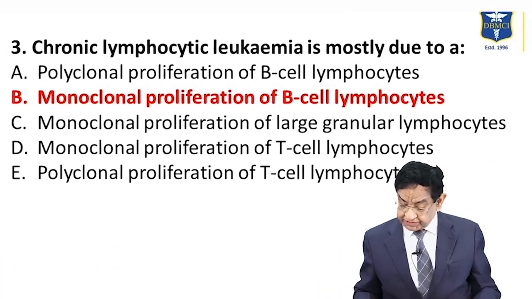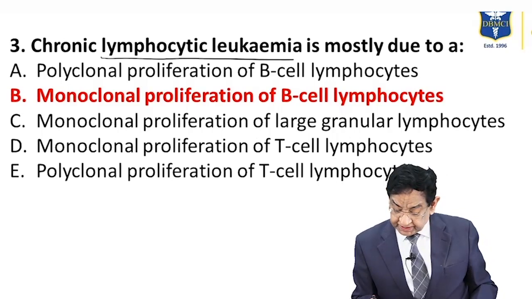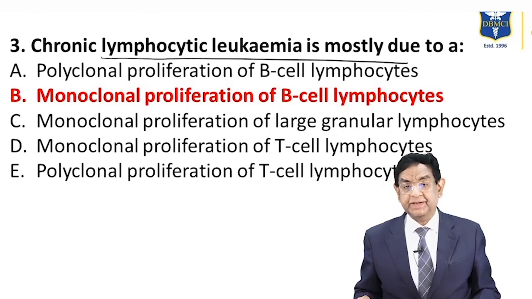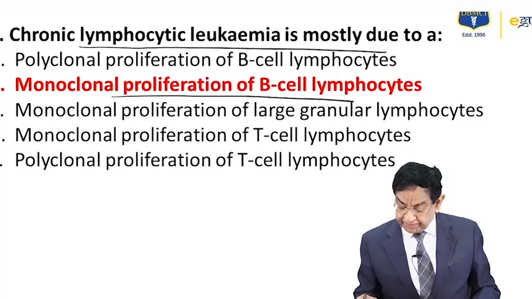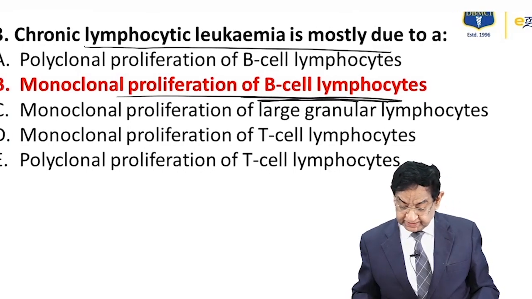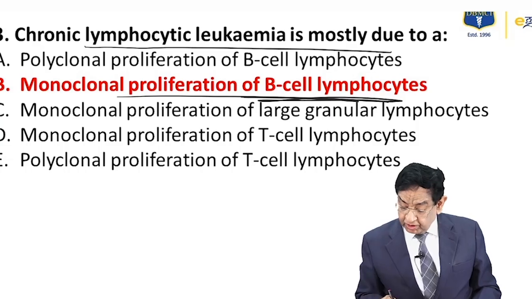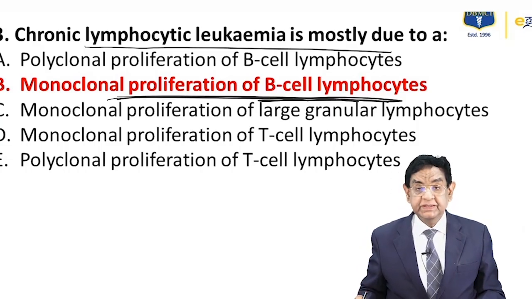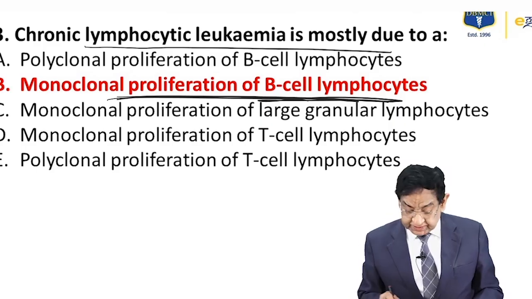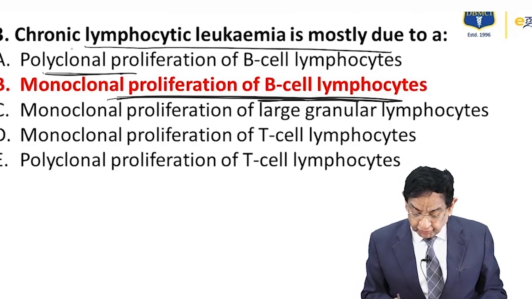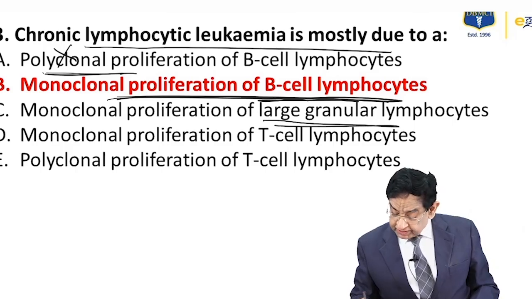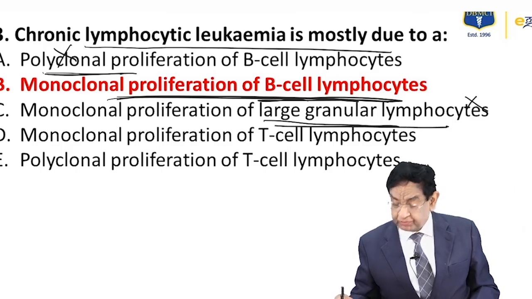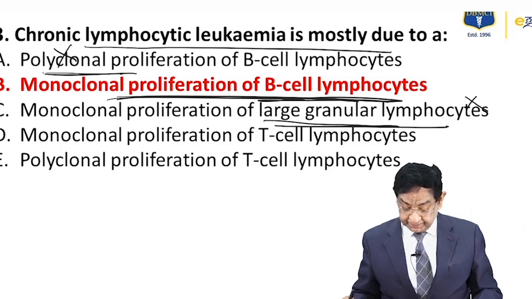Okay. Question 3, CLL. Mostly due to what? Monoclonal proliferation of B cell lymphocytes, right? Let's look into the other options. Is it polyclonal proliferation? No way, out. Large granular lymphocyte? No, they are small lymphocytes.